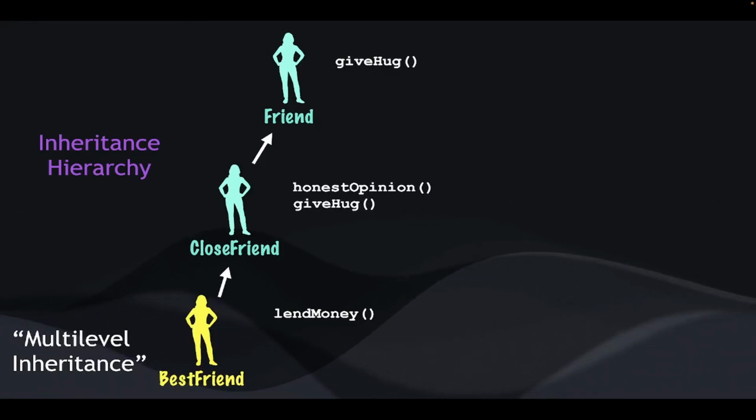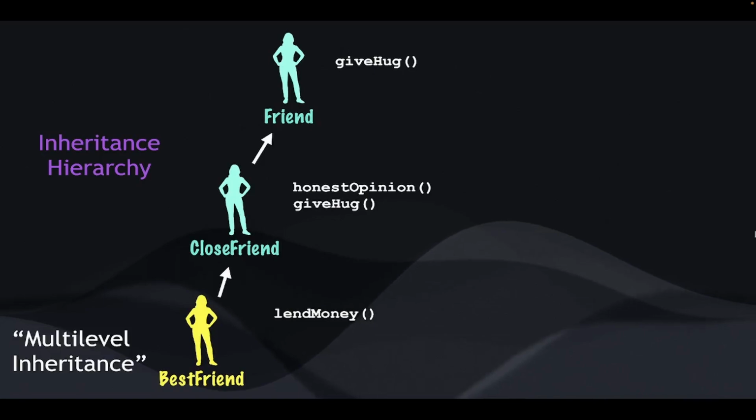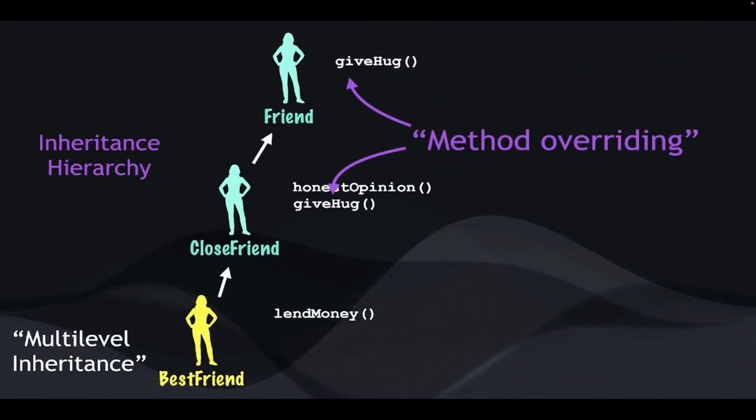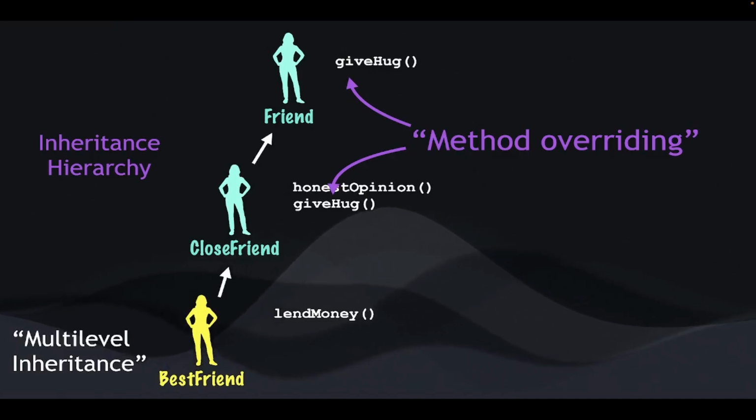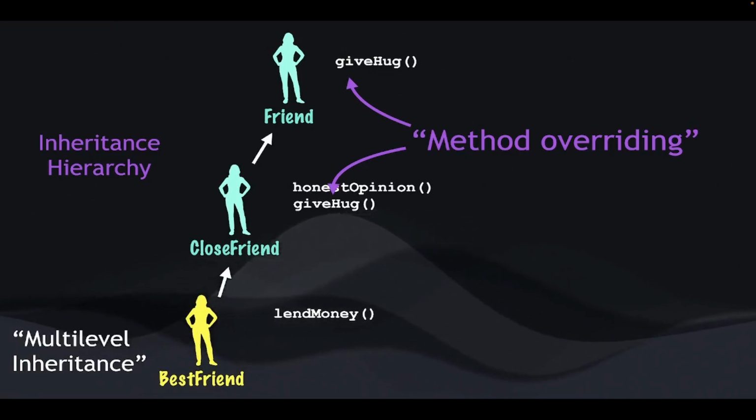For example, a close friend inherits the ability to give a hug, but a close friend hugs in a different way than a friend does, right? This type of situation is called overriding, not to be confused with overloading, which is a topic that you probably learned about previously. In method overriding, a subclass customizes an implementation for a method.